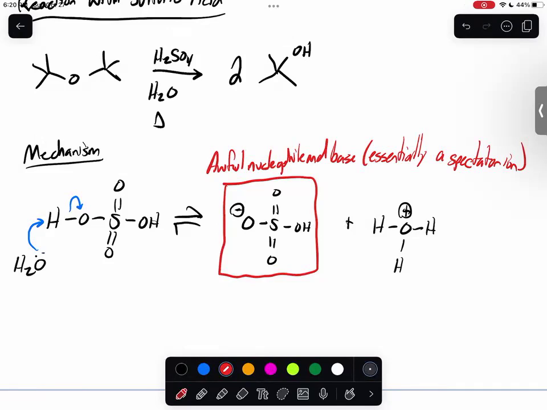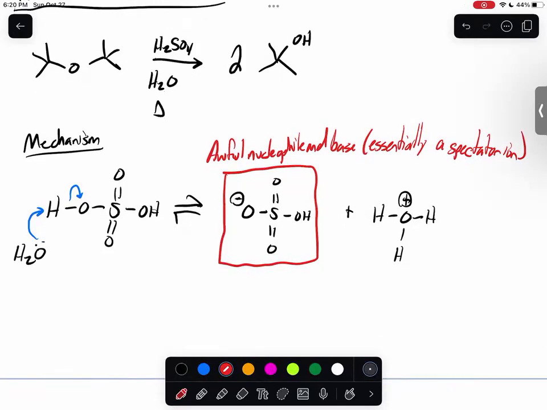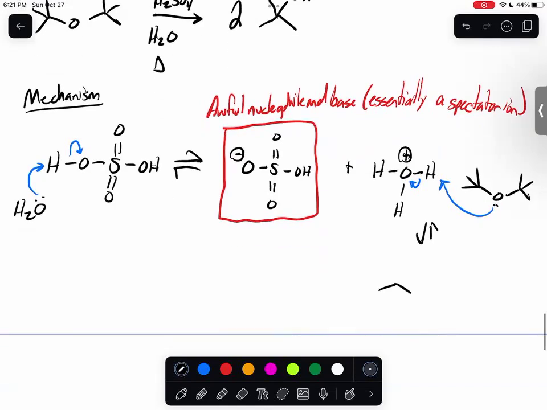Well, what that means is that now whenever our ether gets protonated, right? So let's say this tertiary ether then meets with that H3O plus and it gets protonated. It will now have a good leaving group. And once again, like the other cases where this became a good leaving group, since it's tertiary, it has to undergo SN1.